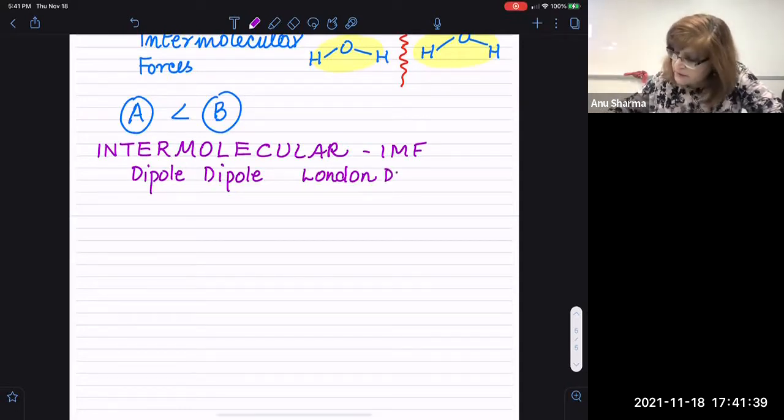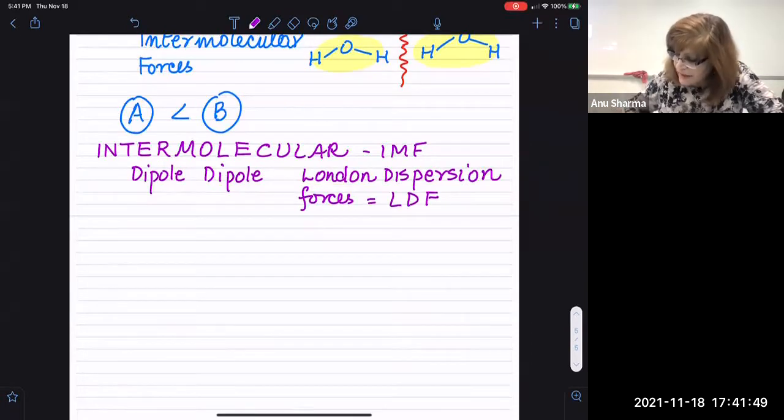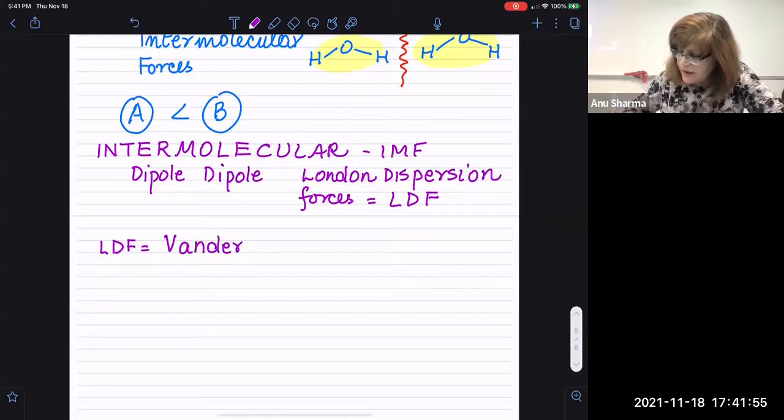London dispersion forces are also called LDF, and the other name of this is van der Waals forces.